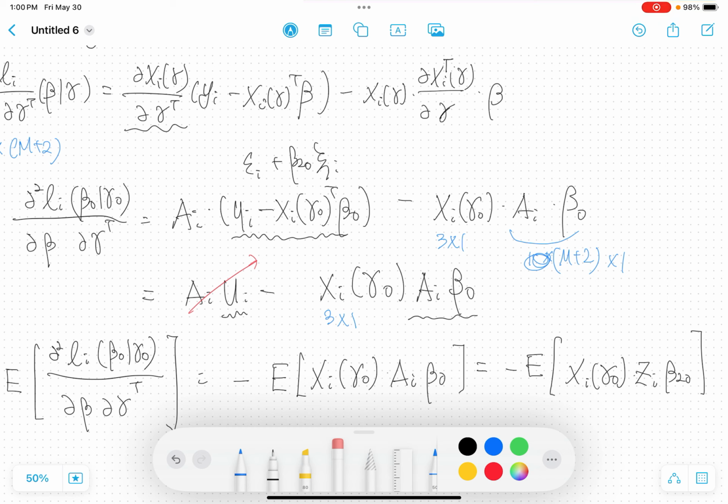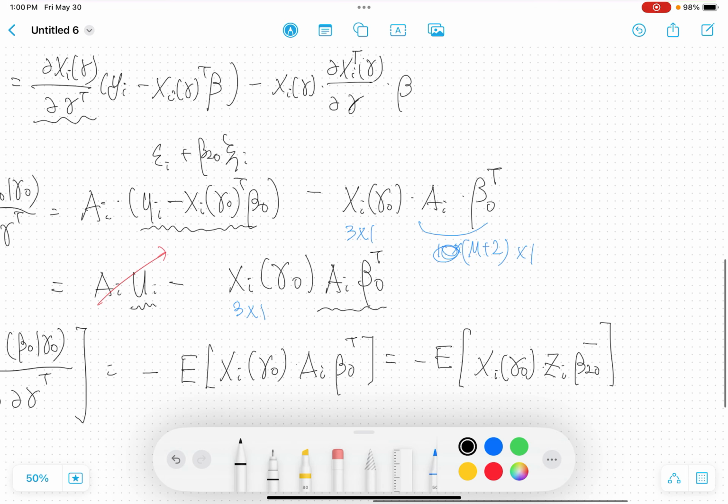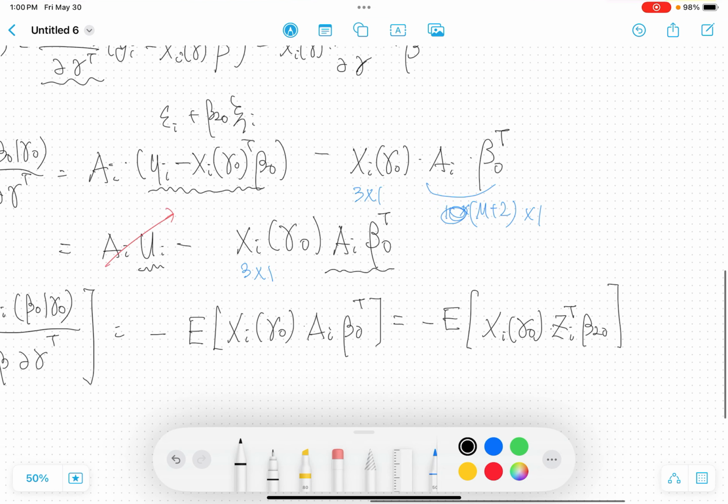It should be AI transpose and beta transpose. Beta transpose here and transpose here. Then you don't need to transpose this scalar, so you don't need to do it here.